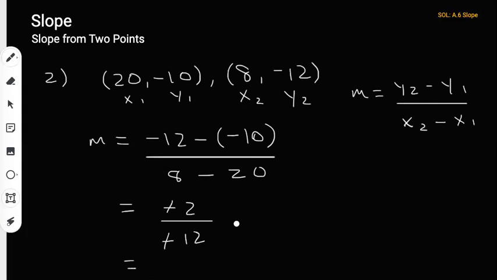So I can cancel those 2 out. And then 2 divided by 12, I can simplify to give me 1 over 6. So essentially what I'm doing is I'm dividing the top and the bottom by 2, and I get 1/6. That's going to be my slope.